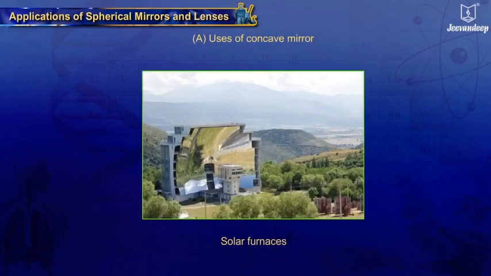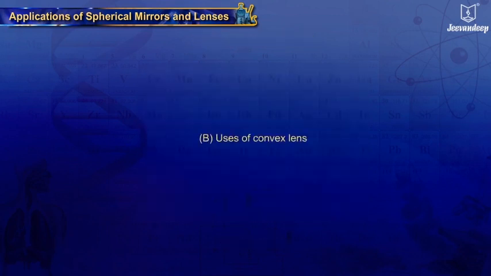Solar furnaces. Large concave mirrors are used to concentrate sunlight and produce heat in a solar furnace, which is at the focal point. B. Uses of convex lens.